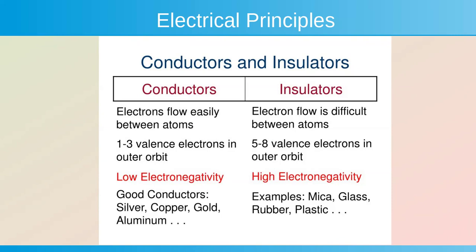Conductors have a low electronegativity and insulators a high electronegativity, and this is not my chart, and that's a very confusing term. So you don't have to know that one. And the examples are silver, copper, gold are good conductors, basically metals, and insulators are mica and glass, plastic, ceramics.